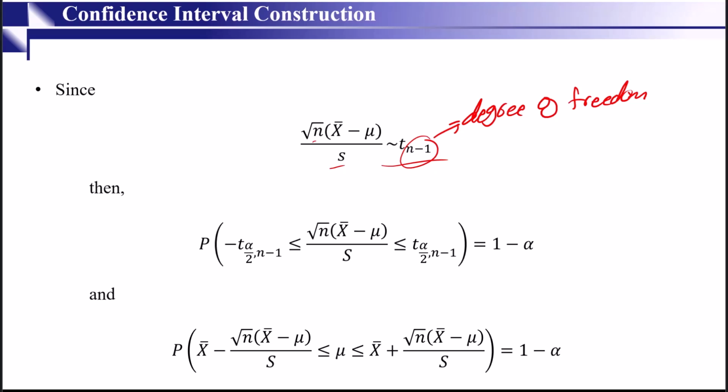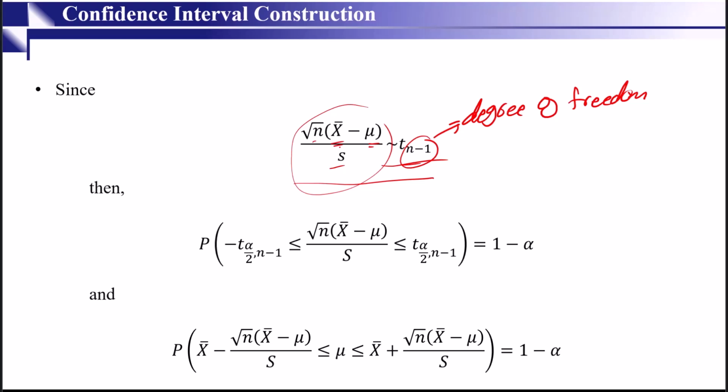We use this equation for confidence intervals or hypothesis testing when the standard deviation is unknown to us. From this equation, we can see that the standardized root n times x bar minus mu divided by s measures how far the sample mean x bar is from the population mean mu in standard error units. This follows a t distribution with n minus 1 degrees of freedom.